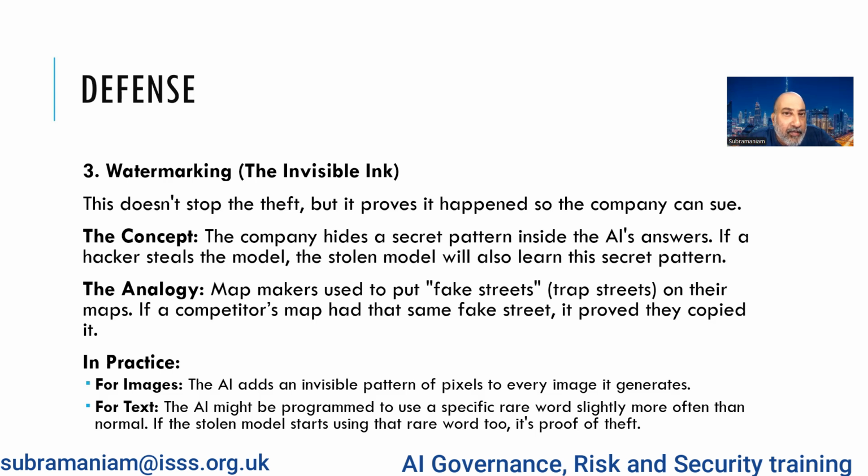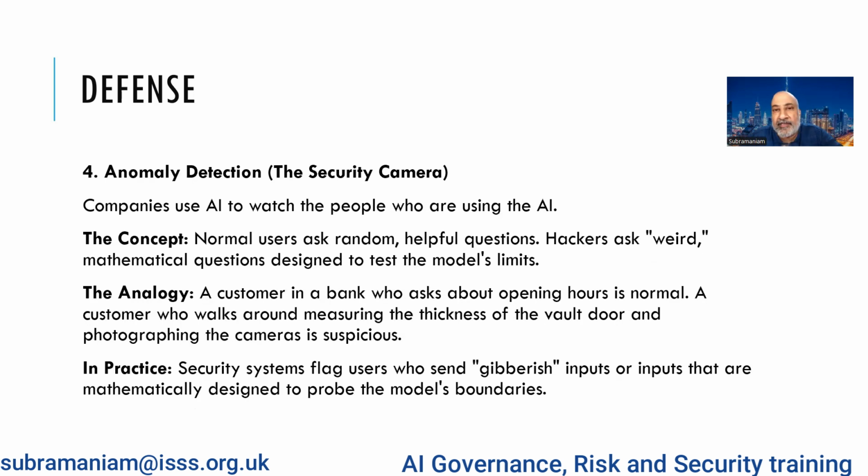With a watermark that is not visible to the human eye, they can figure out whether this was generated by the original company or somebody copied it. It is like steganography, a concept in cybersecurity where you hide some information in the picture. If the picture is copied, you can say it is copied from me because there's a secret watermark in the picture. So that's also a best way of defense.